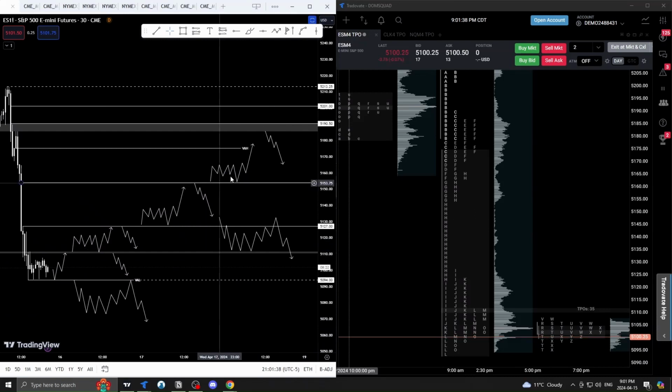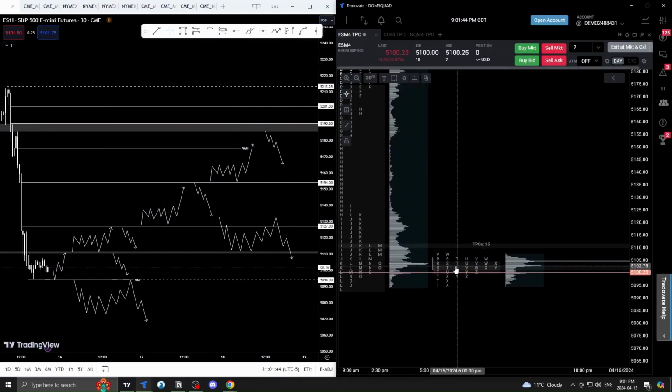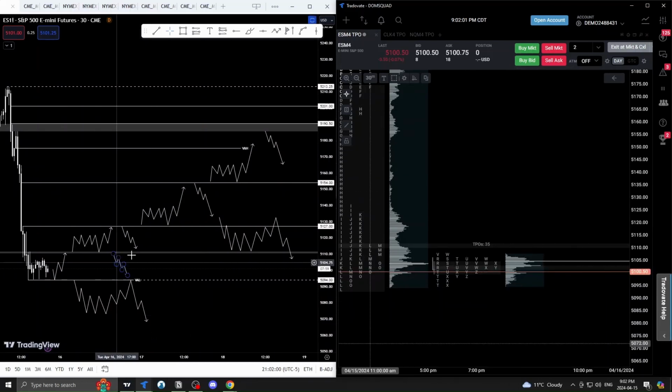But this is my overall plan for tomorrow. We'll see how the overnight develops. I'll be up tomorrow at 4:30 a.m., continuing to add on to this if we see something overnight that develops an imbalance up that fills this. We could get a rotation down or a break of this to go lower.